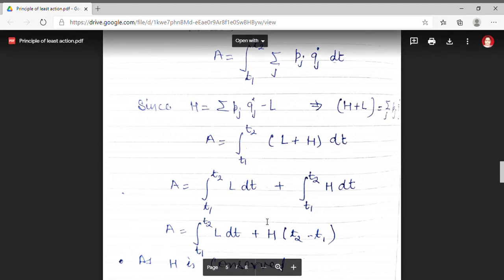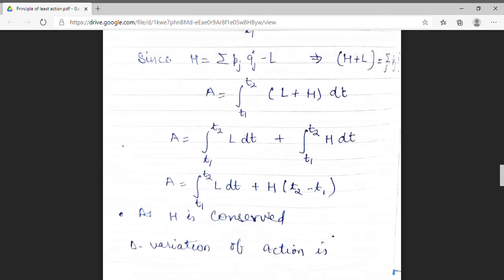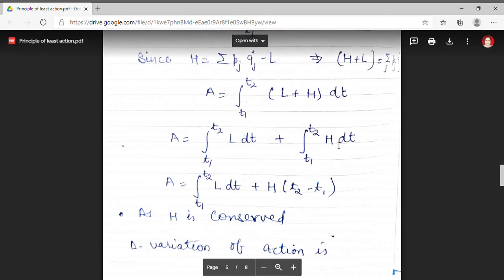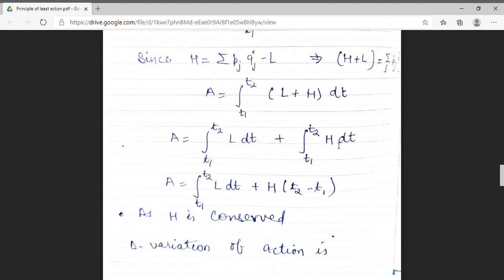Writing A to be the integral, limits t1 to t2, of (L plus H) dt. Now, since the Hamiltonian is conserved, we can take it outside the integral as it is a constant quantity. So this second term comes out to be H, with the limit t2 to t1, so H(t2 minus t1).